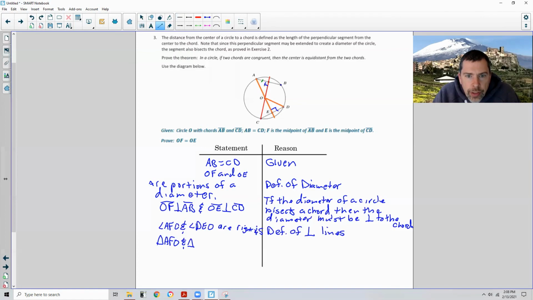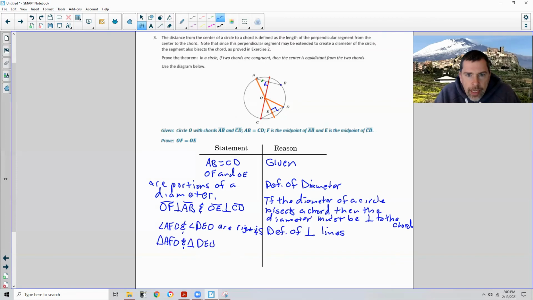Since we said angle DEO is a 90-degree angle, I'm going to make a triangle over here. So it's triangle DEO. And DO is going to be congruent to CO because they're both radii. Switch back to blue.